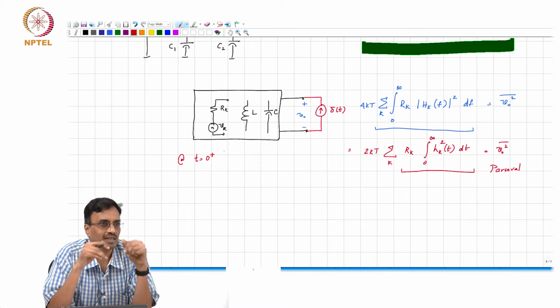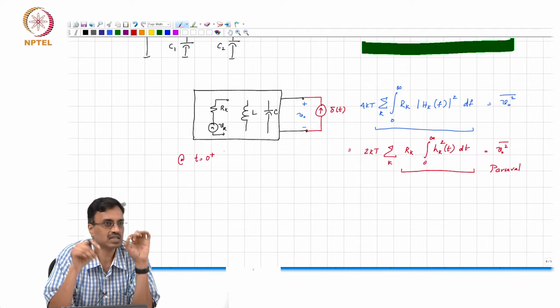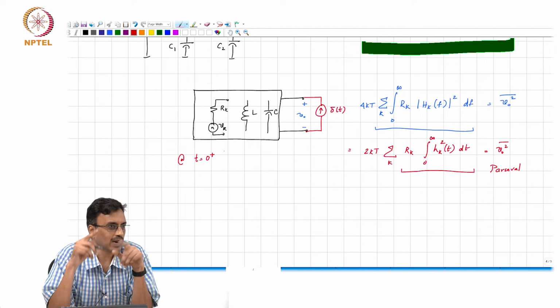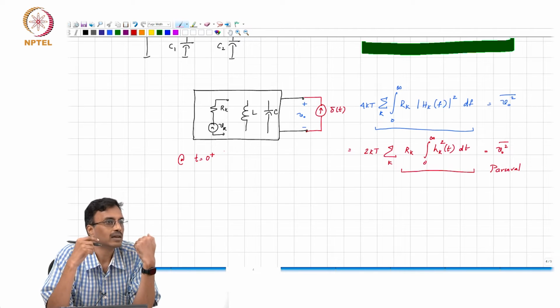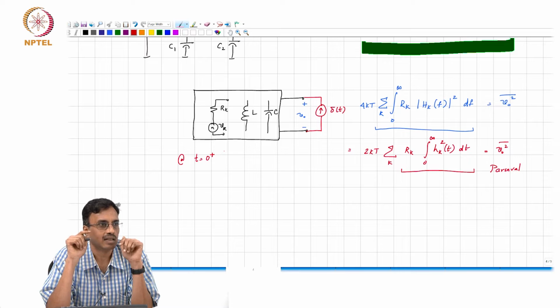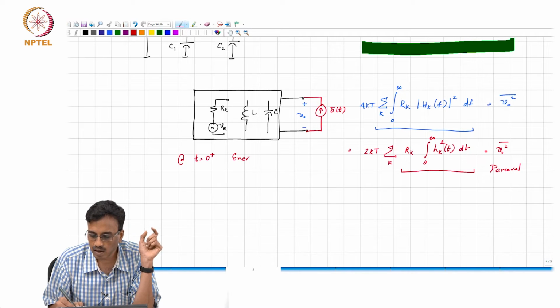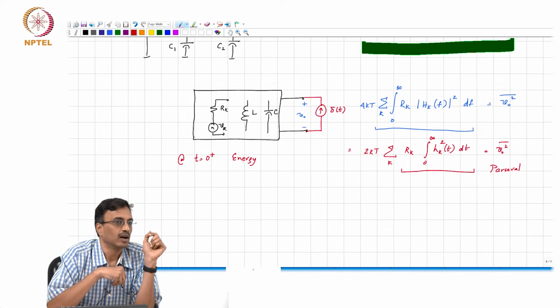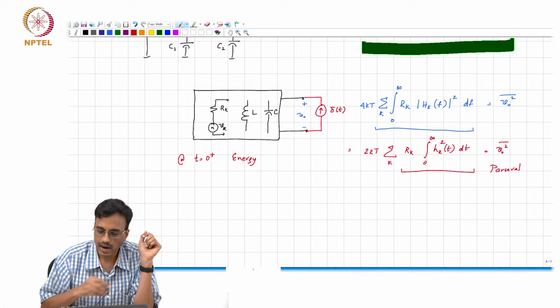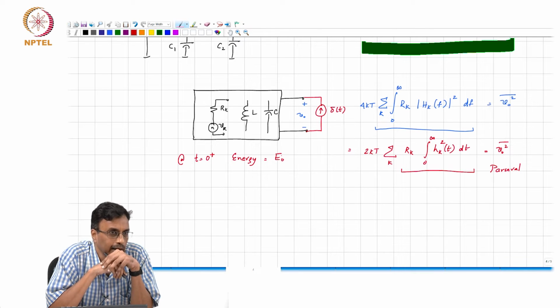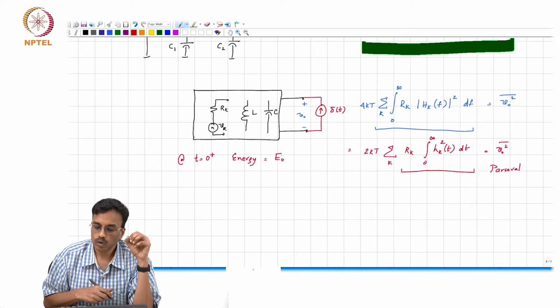Because these capacitors, by hook or by crook, have been charged by this impulse current source to some voltages, and as a result, at t equal to 0 plus, the energy in the network is non-zero, and let us call that E0, correct?